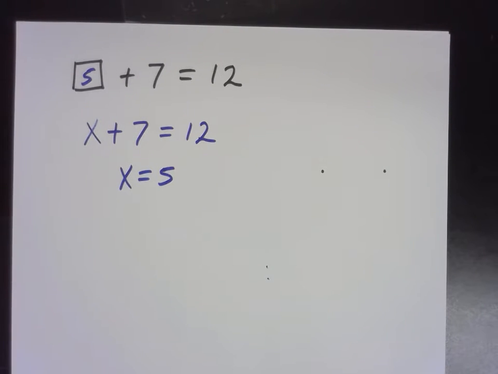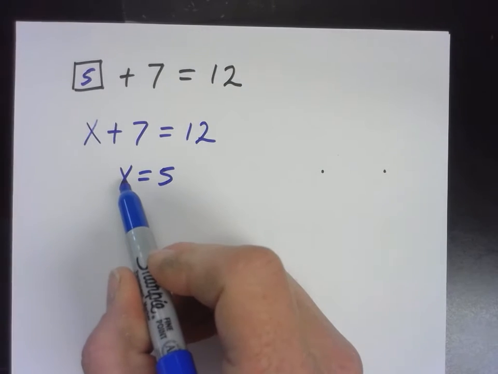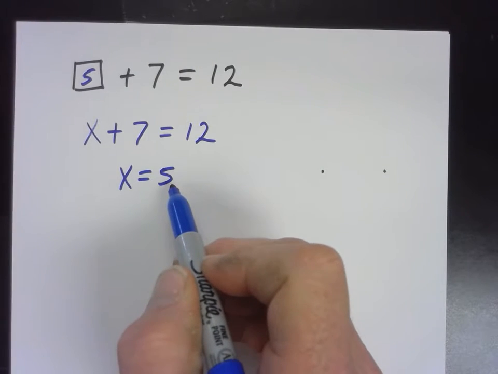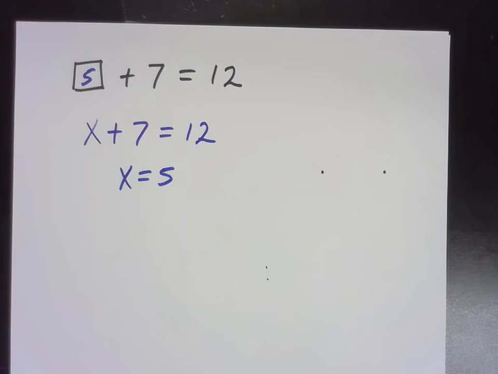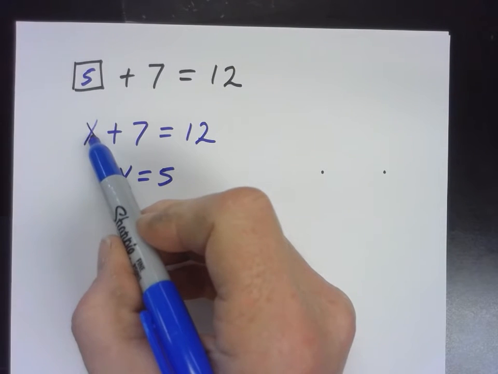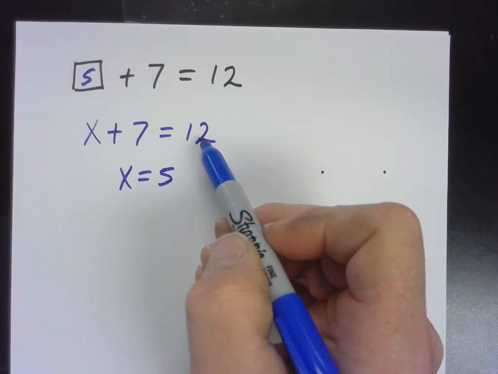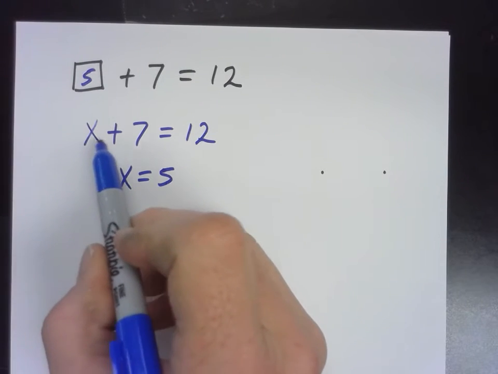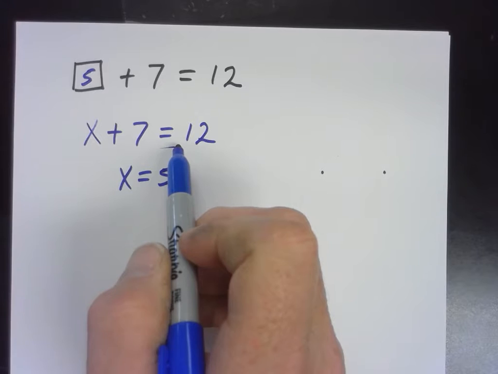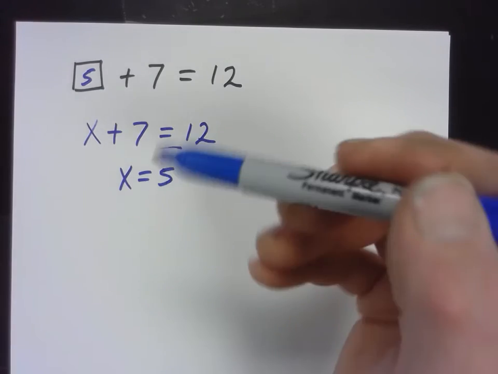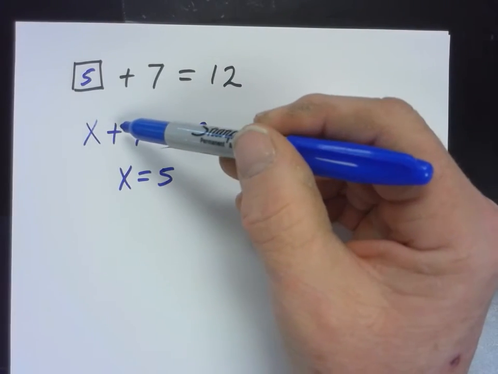Okay, but it's an equation. It says, what number x equals 5? Well, obviously it's 5, right? This one says, what number x plus 5 equals 12? When you read it, you probably say x plus 7 equals 12, right? That's not how you read this. You read it, what number plus 7 equals 12?